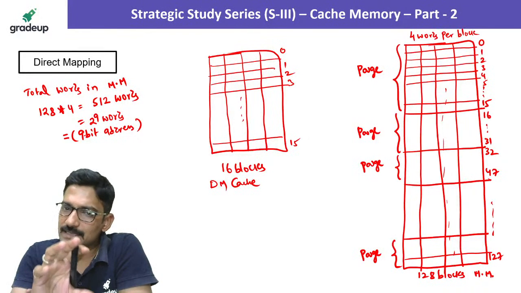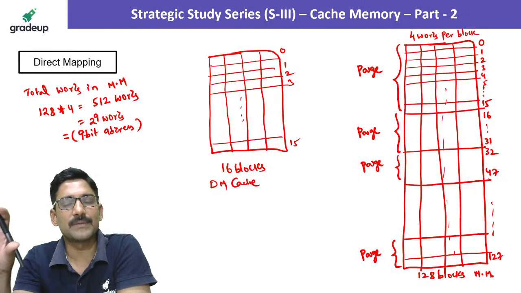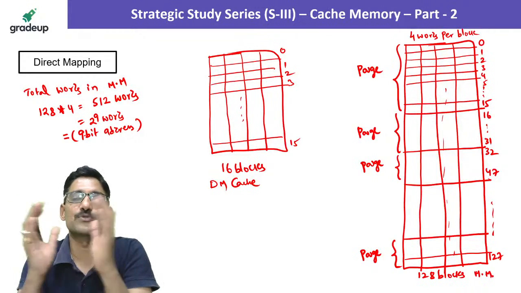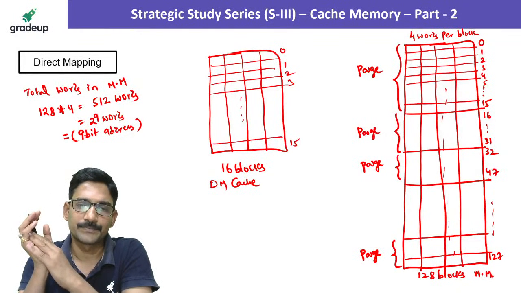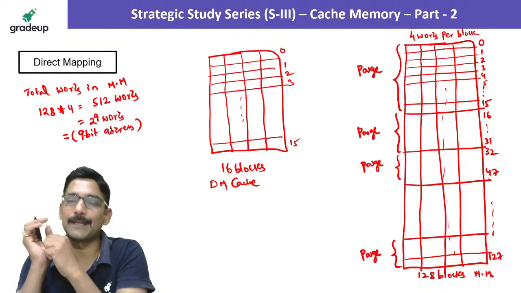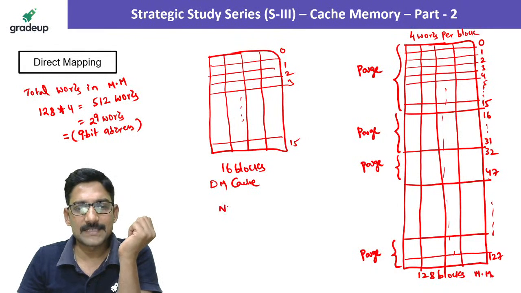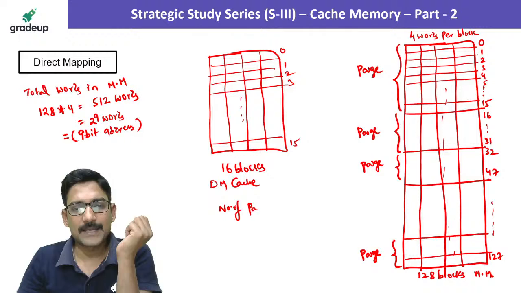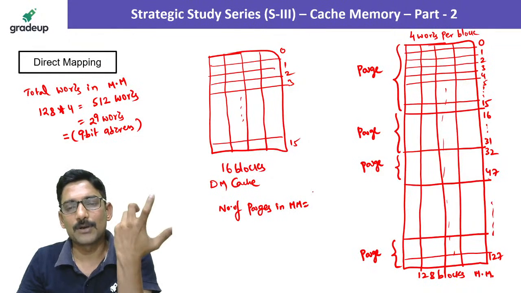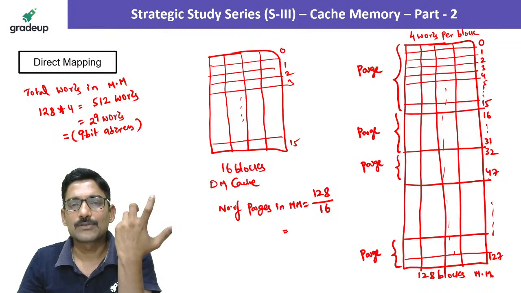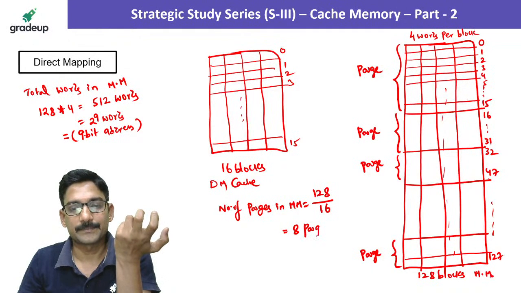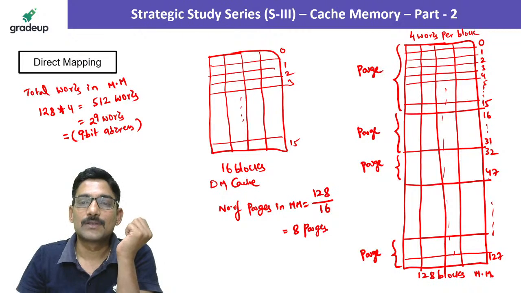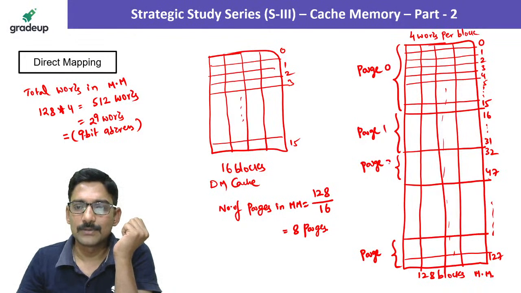As here there are 16 blocks in cache, main memory is also assumed to be groups of 16 blocks. That group is called a page. So how many pages? The number of pages in main memory is the total blocks, 128, divided by 16 in every group. So this would be 8 pages, numbered from page 0 to page 7.